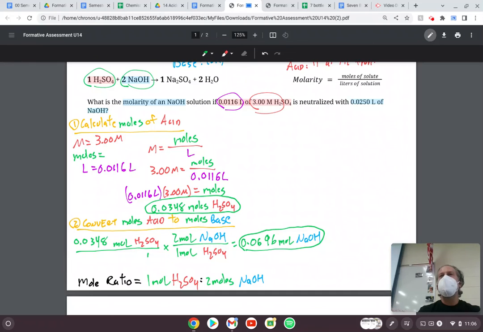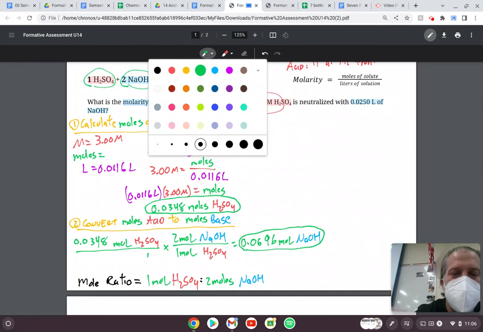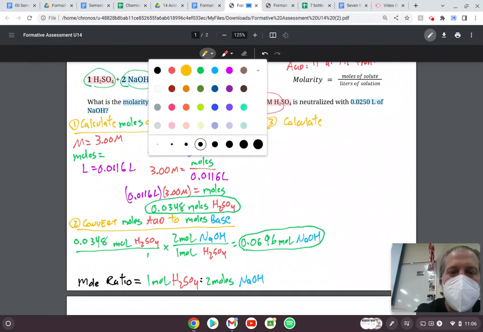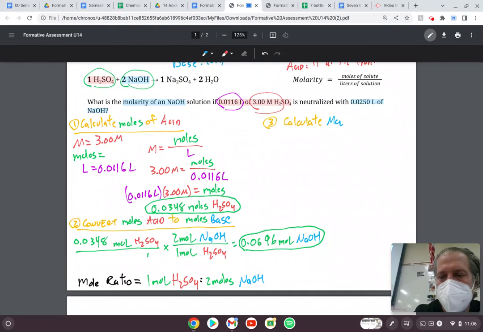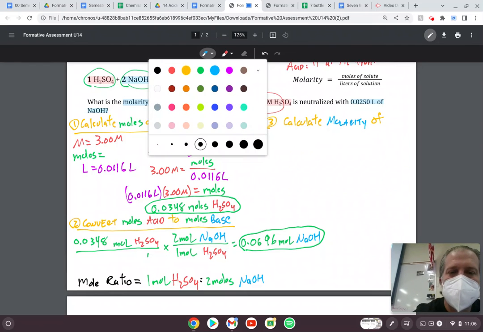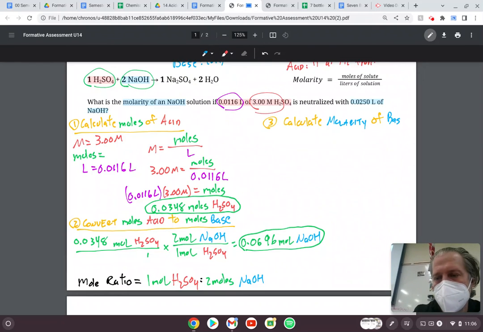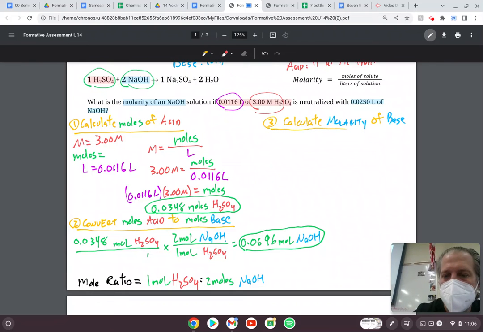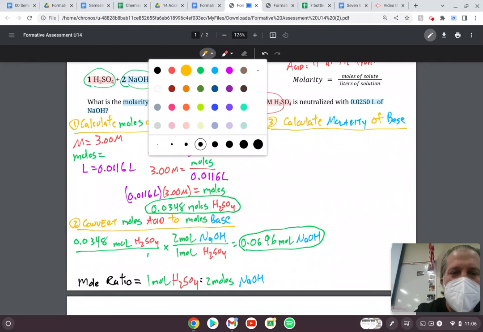And then the third step, for finishing this problem up, is going to be to calculate the molarity of the base. So that is a molarity style problem.